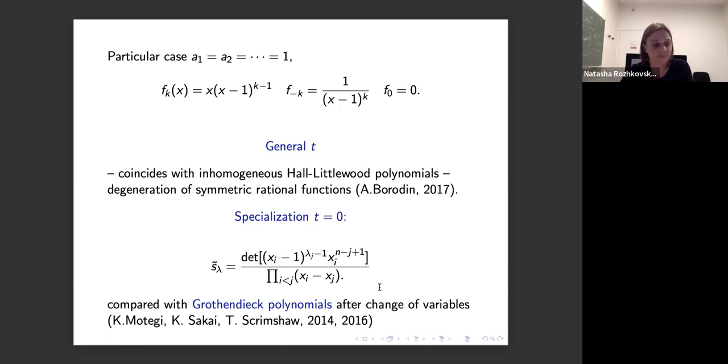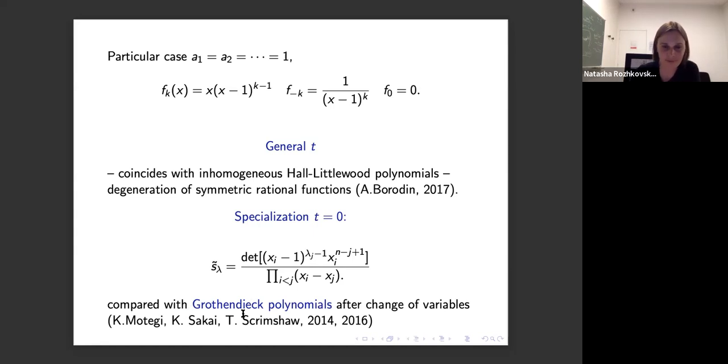But moreover, if we change variables in the specialization T=0, we can get, up to some renormalization, Grothendieck polynomials, which is a very lively part of combinatorics today. Many people study them right now, so one can find these polynomials as well.